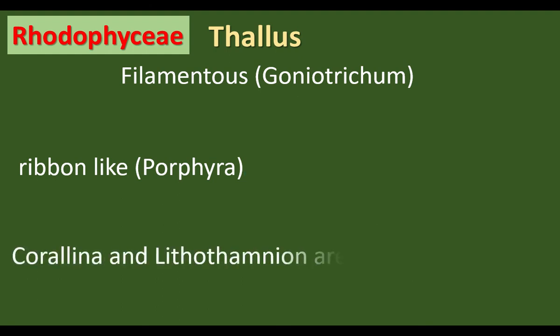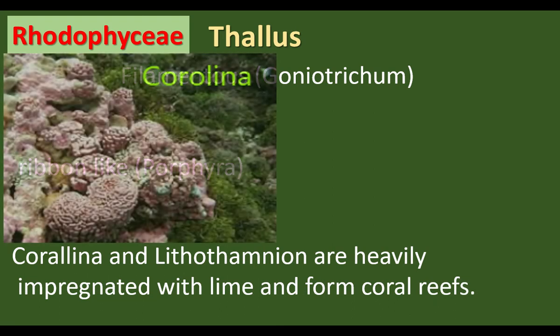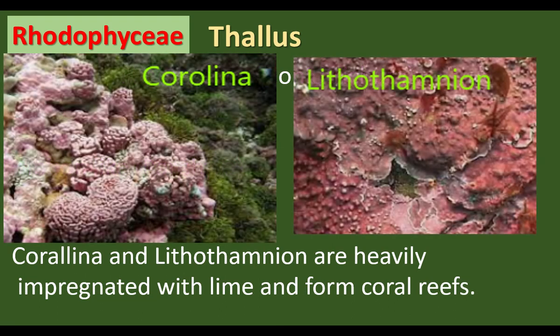Corallina and Lithothamnion are heavily impregnated with lime and form coral reefs. The calcium enters the cells and the forms become very hard.